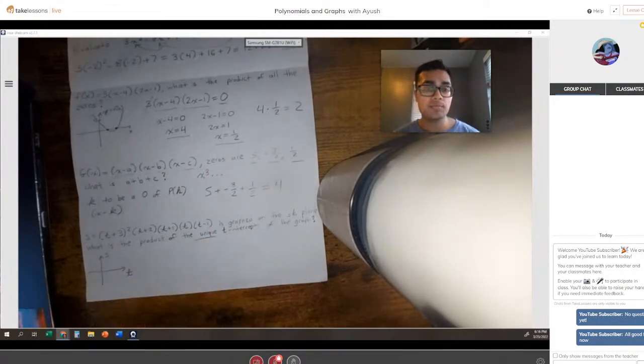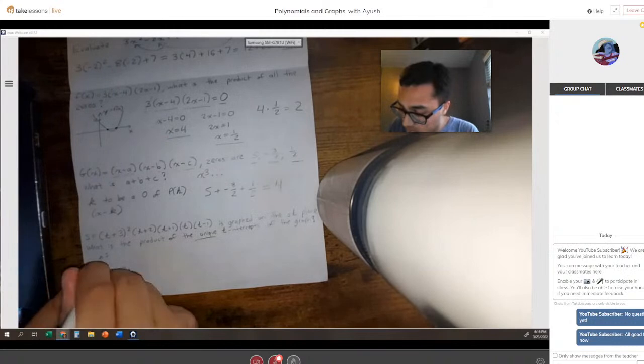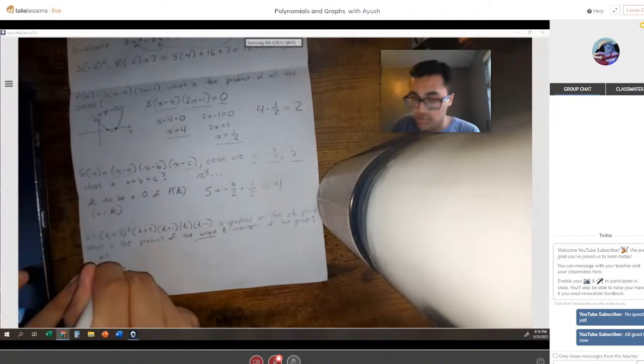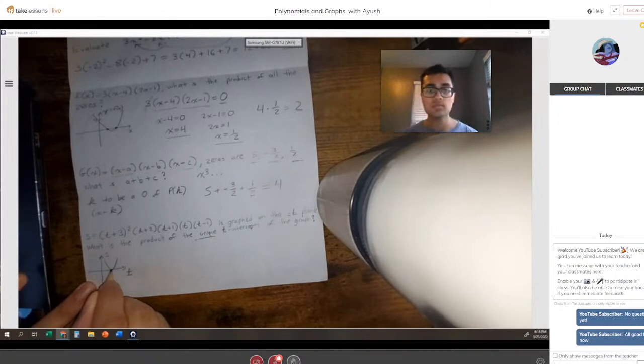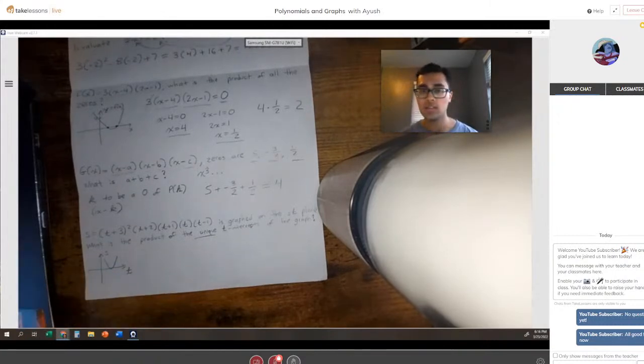So sometimes you may notice that a function does something like this, and we'll see this in a moment when I go to the graphing exercise as well. But what I've drawn there is a polynomial which kind of bounces off the x-axis. And when I say bounces off, what I mean is that particular polynomial does not fully intersect the t-axis here.